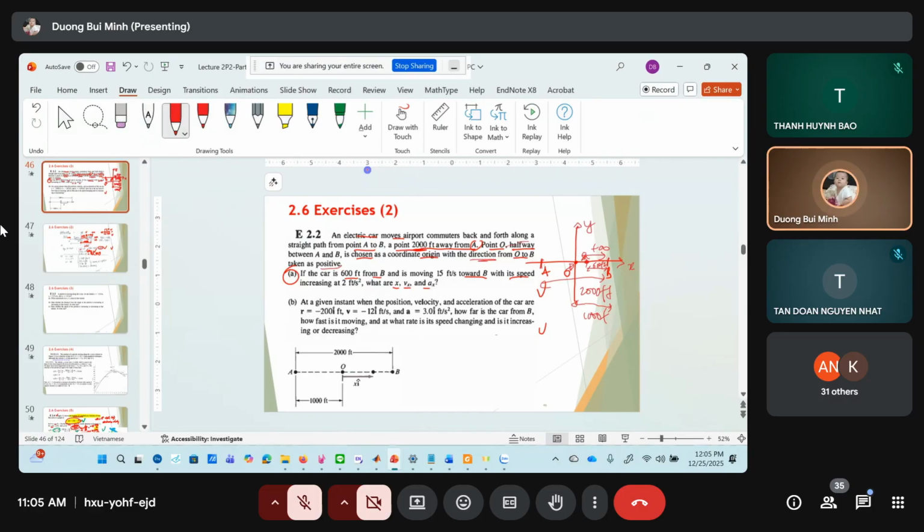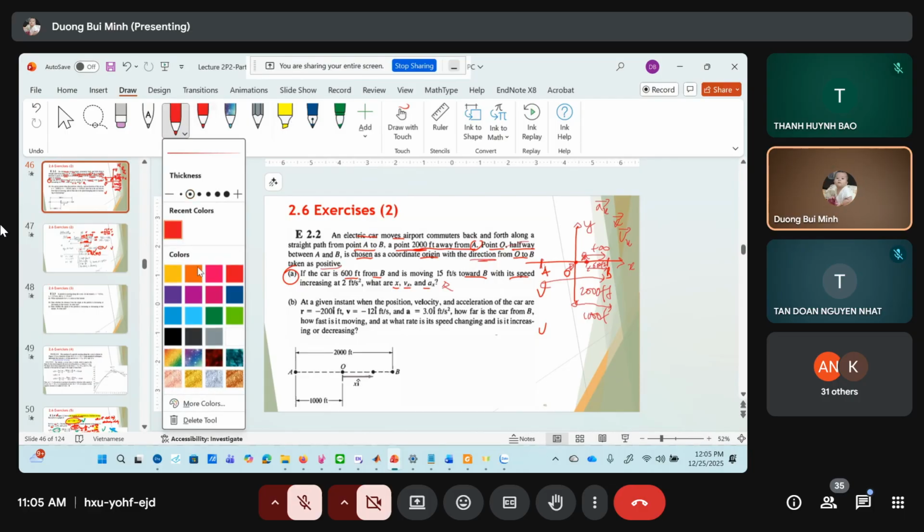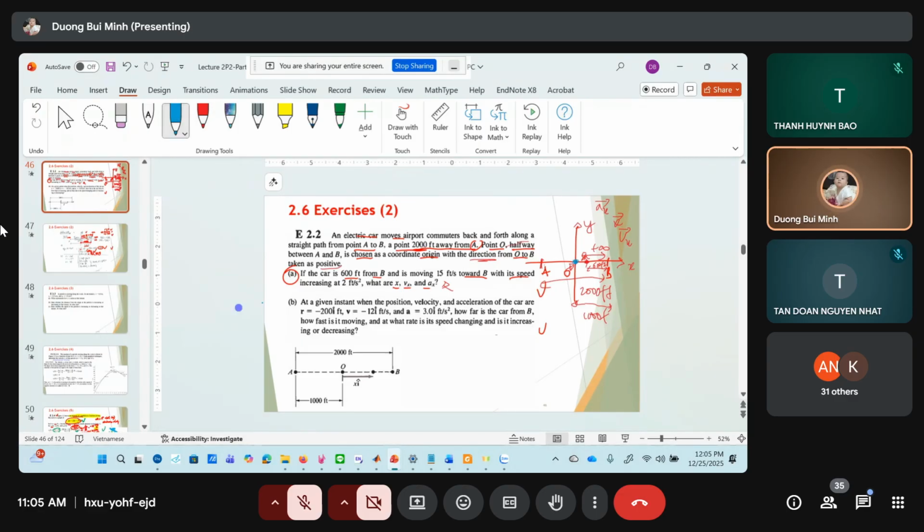It's very simple. The question just asks us to determine where is x, where is vector vx, and where is vector ax. You need to follow the questions and determine that here is the origin.